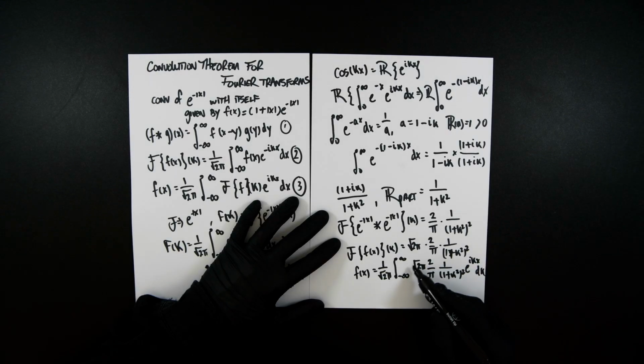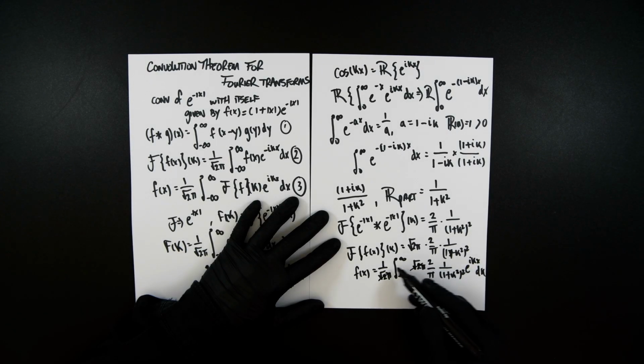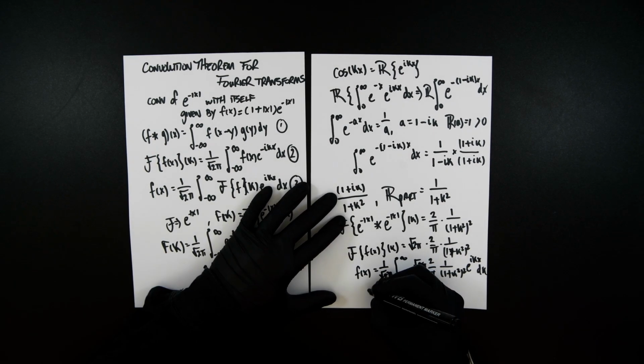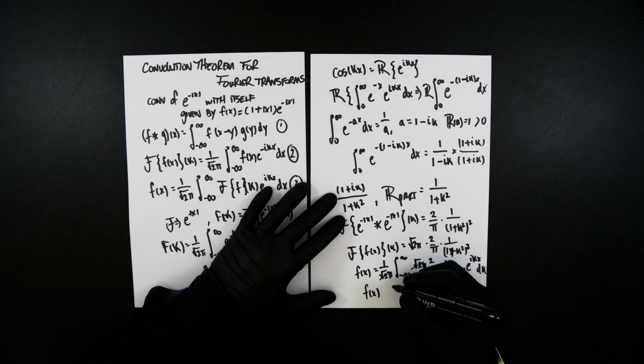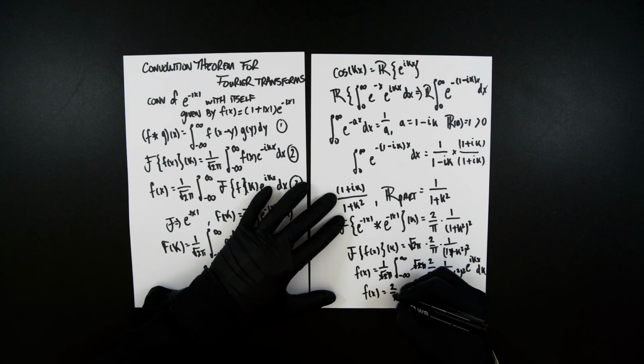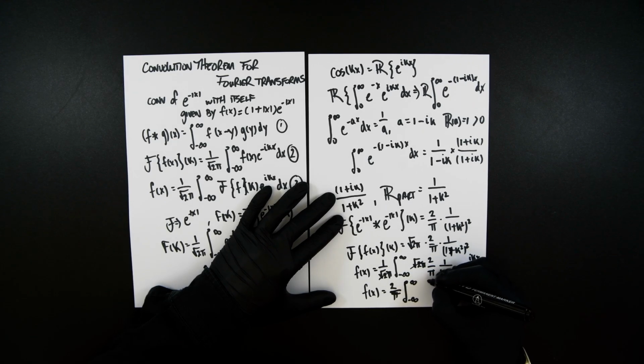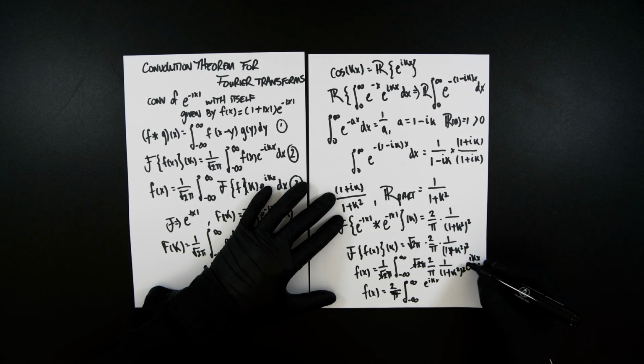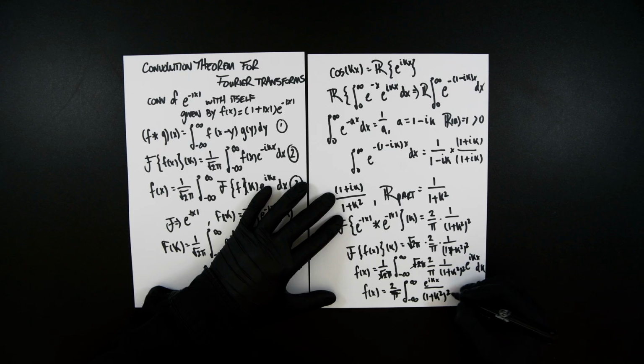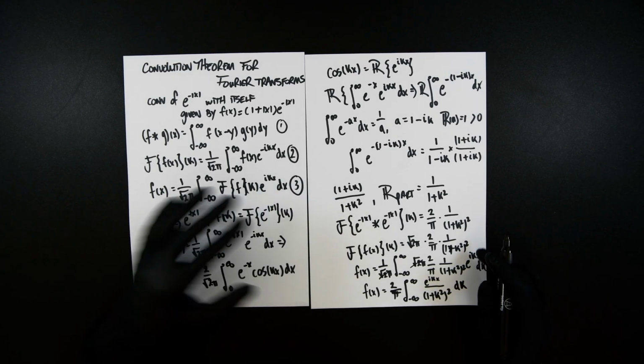Obviously we have a root 2 pi here and a root 2 pi here, so if you pull that out, those can cancel. So if you've followed along so far, f(x) would equal 2 over pi times the integral from minus infinity to infinity of e to the ikx over (1 plus k squared) all squared dk.